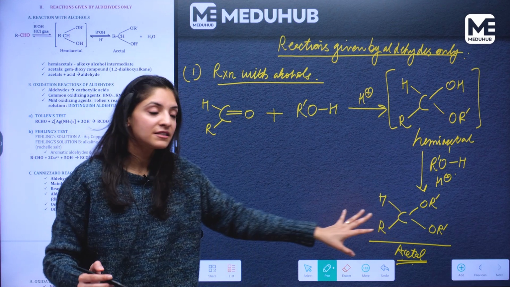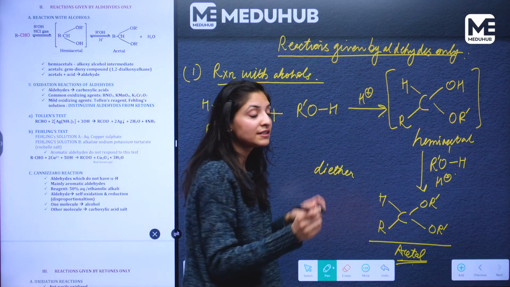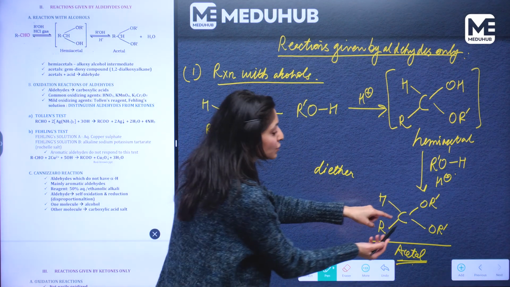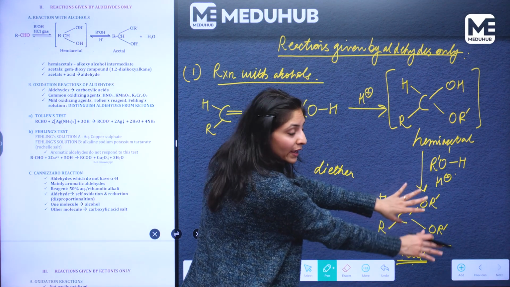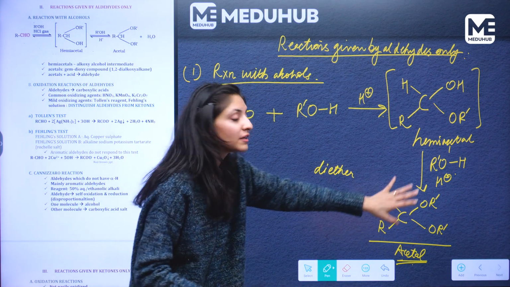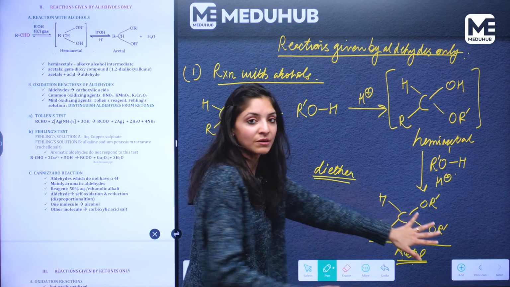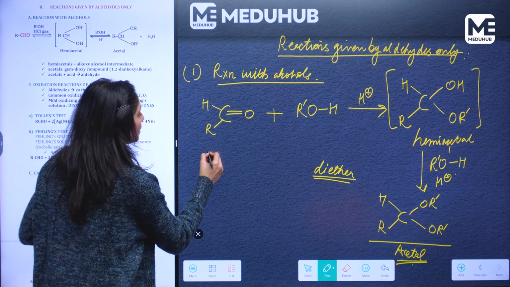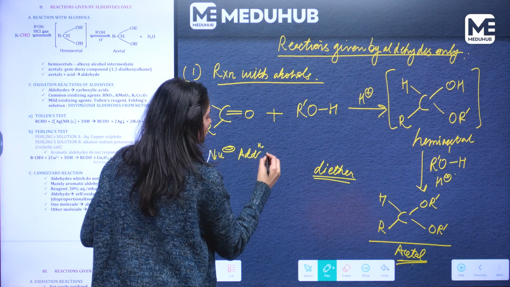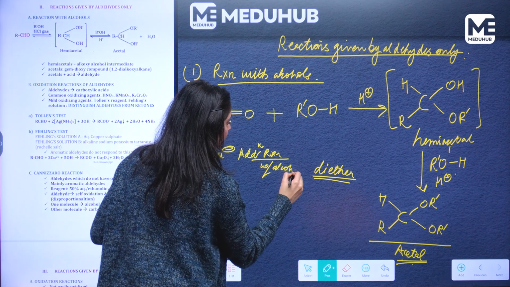So basically acetals are diether compounds of the unstable 1,1-dihydroxy alcohols. So instead of OR, if you imagine OH, the hydroxyl groups are attached to the same carbon. So these are geminal dihydroxy compounds. These are diethers of those compounds. This is the nucleophilic addition reaction of aldehydes with alcohol.